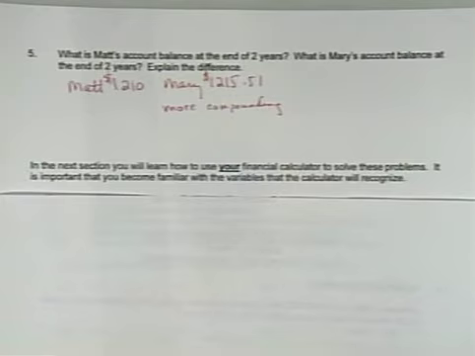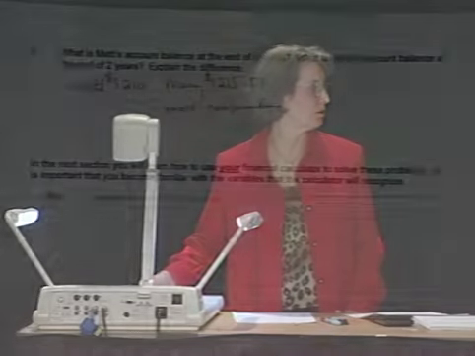It is important that you become familiar with the variables that you put into your financial calculator and that you recognize them and you recognize what we're going to call each thing, okay? So, in your financial calculator, we're going to have several different new terms.